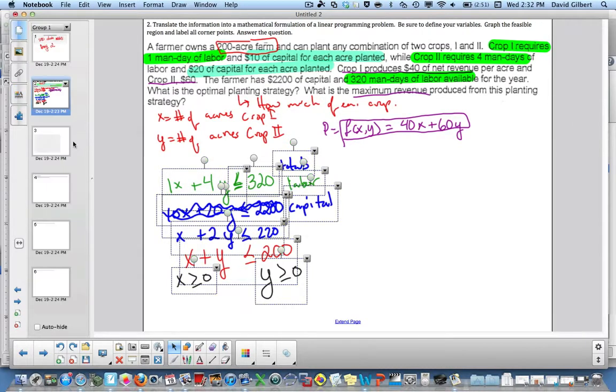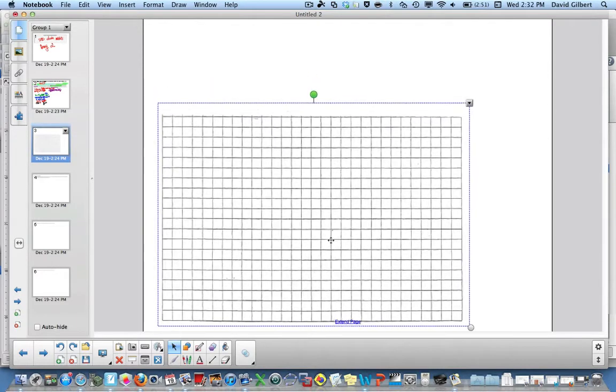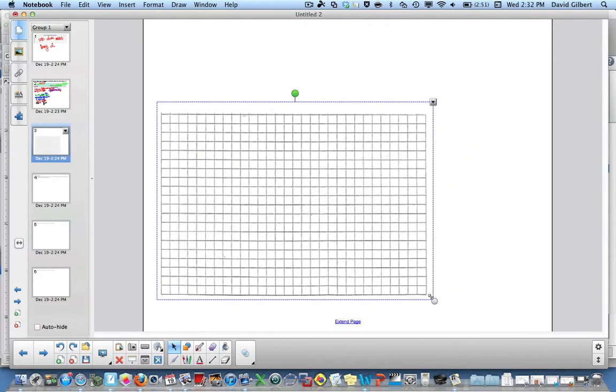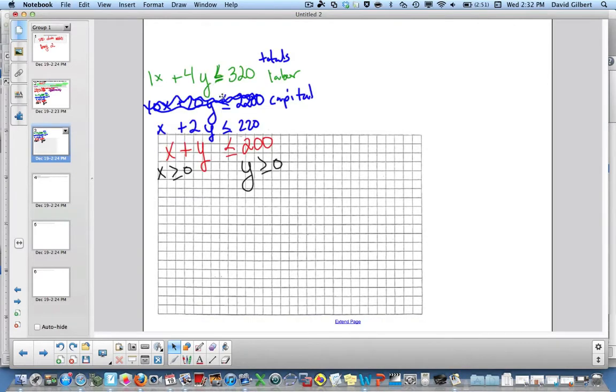So I'm going to copy that over to here so I can graph all these for you. I didn't give them a number code yet because I used the colors, but I am going to do that now. I first just want to clean this up a bit.